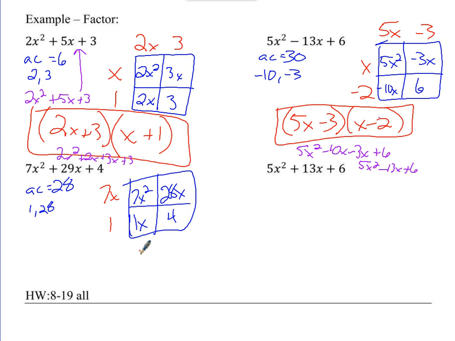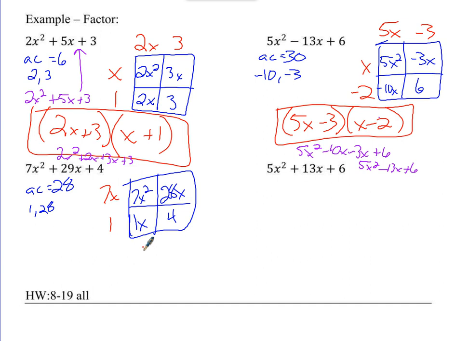So we're on the first column now. What's the GCF? Look at the numbers. We got a 7 and a 1. What's the biggest number that goes into both of those? What did you say? I think you were right. Okay, 1. And then we got x squared and we got x.